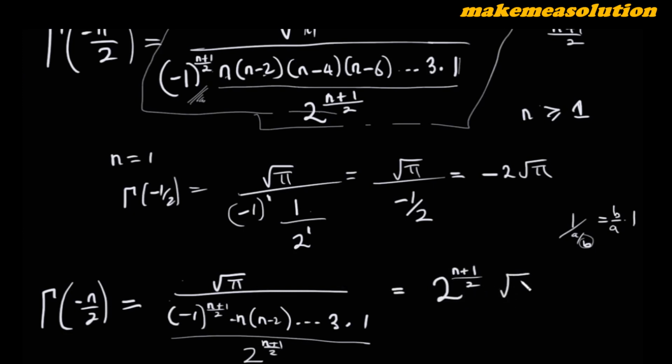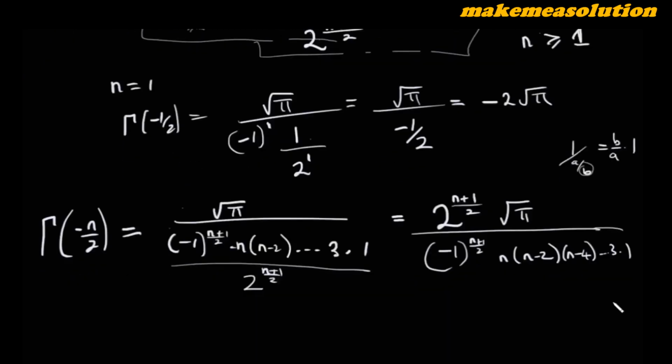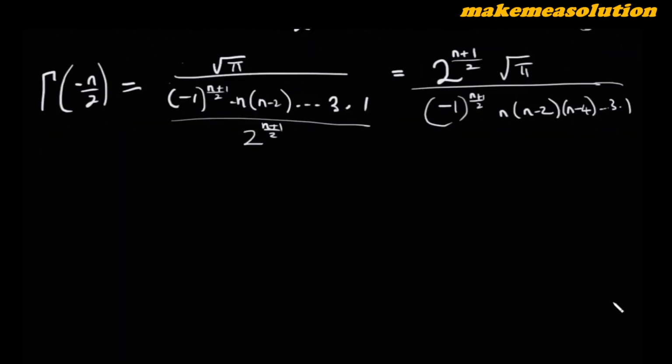And you now have root pi, and all over you have minus 1 to the n plus 1 over 2. Then you now have what? Your odd numbers, the product of your odd numbers up to 3, then 1. Okay, so if you have it like this, you can write your gamma of negative n over 2 in this form.